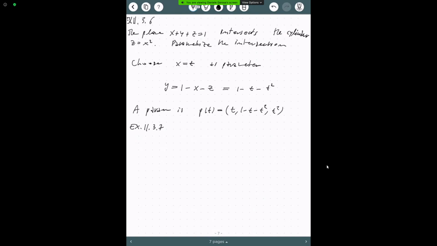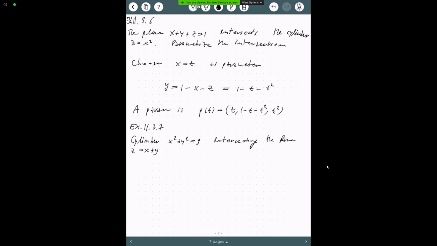We have a cylinder x squared plus y squared equal to 9 intersecting the plane z equal to y plus x.